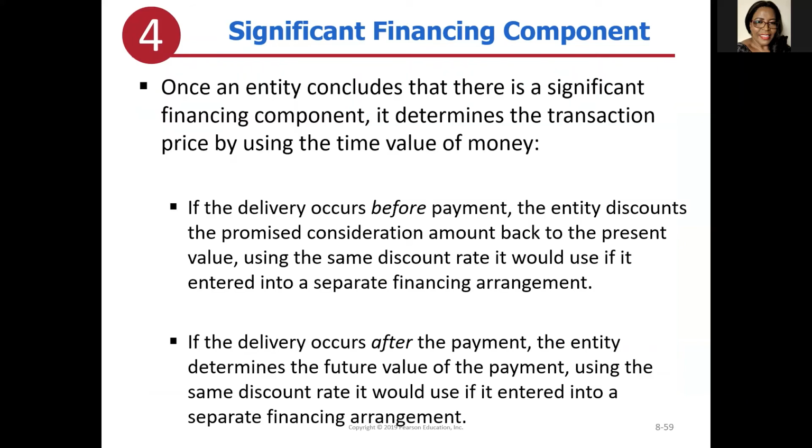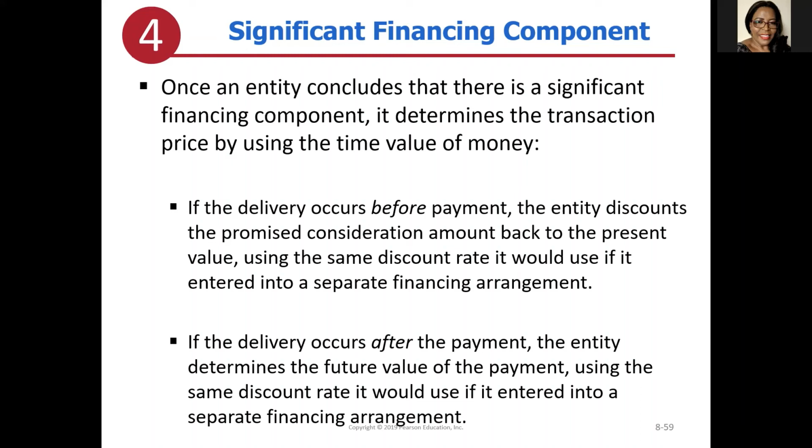The entity ultimately recognizes the transaction price as sales or service revenue and records the difference between the total contract price and the present or future value as interest revenue if the payment occurs after delivery, or interest expense if the payment occurs before delivery.